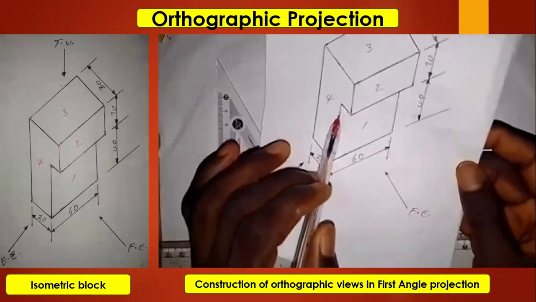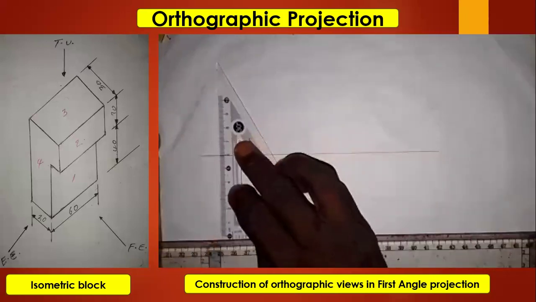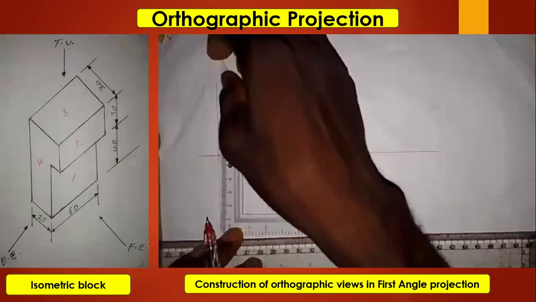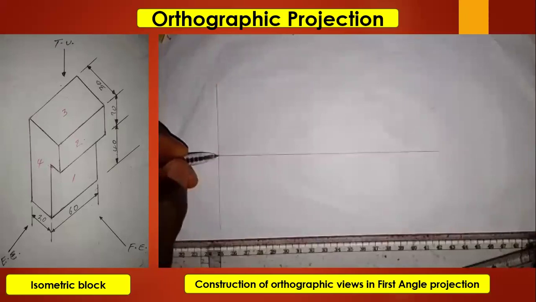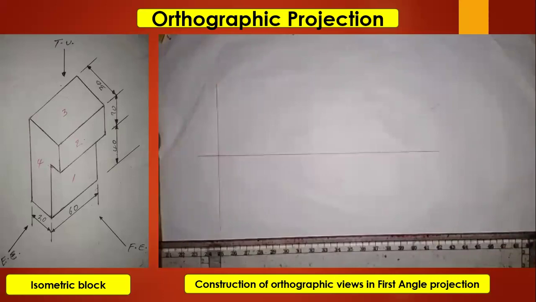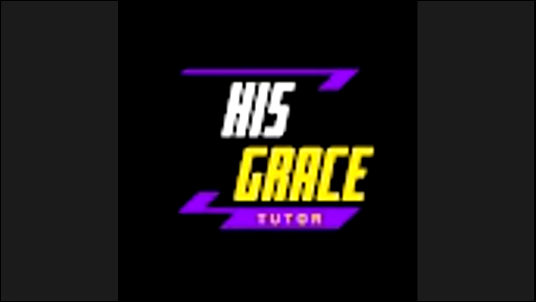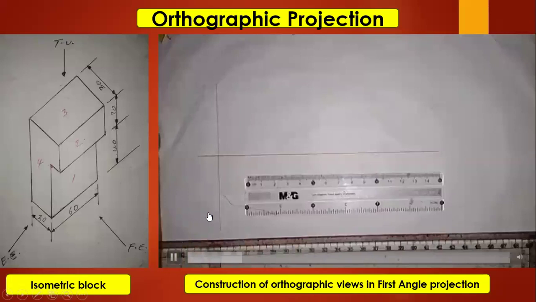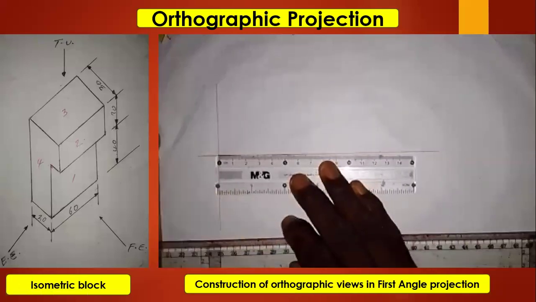For this line now, I will draw a vertical line here of any length like this. Now from this point, where this vertical line intersects this horizontal line, I'm going to take a measurement of 60 millimeters or 6 centimeters here.